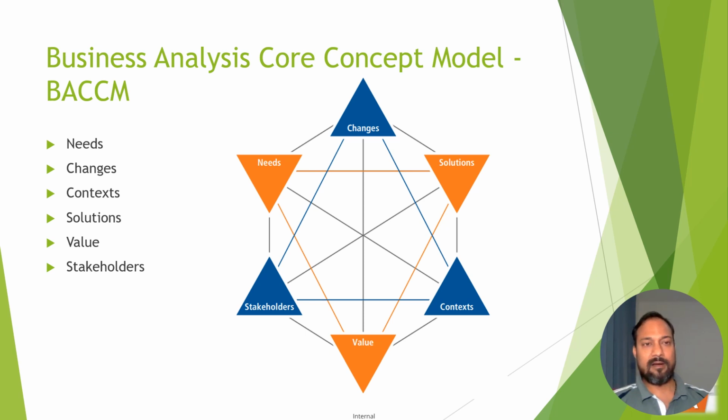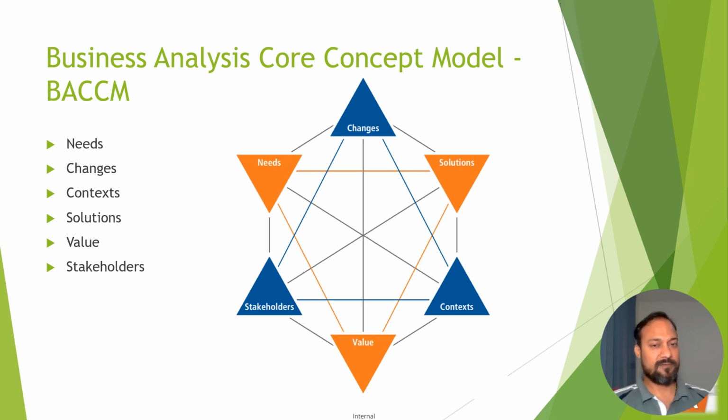Here there are six major key pointers that you have to keep in mind, and these are basically known as the core concept model, abbreviated as BACCM, that is Business Analysis Core Concept Model. We have six parameters or six factors that we always consider.